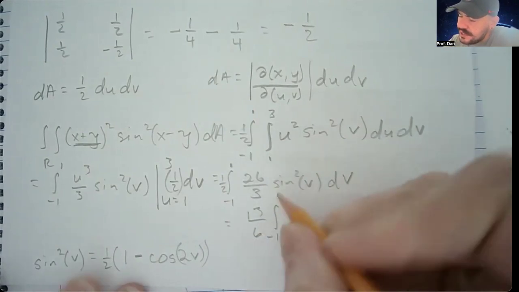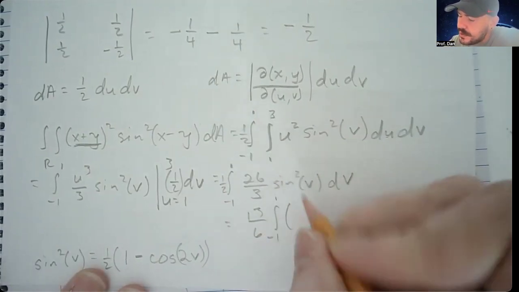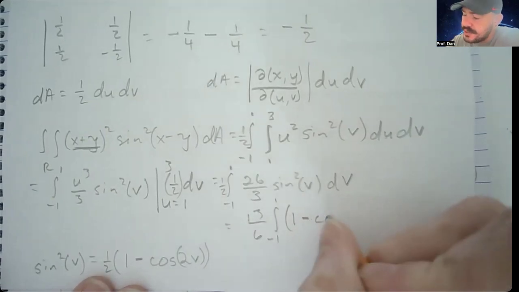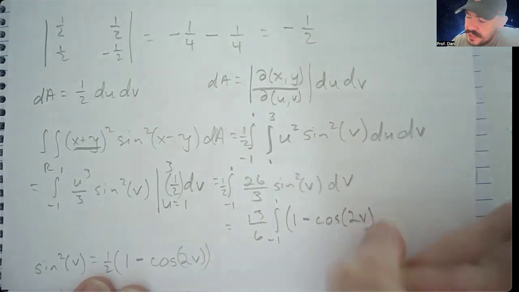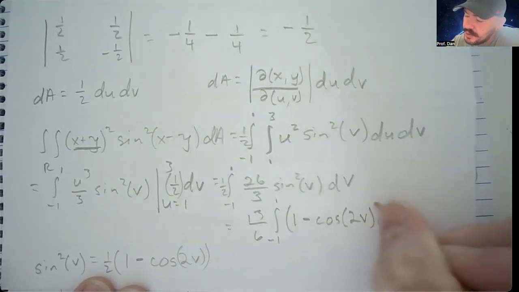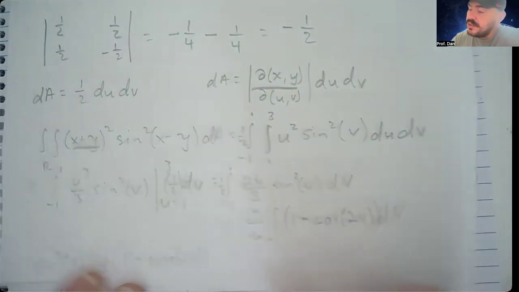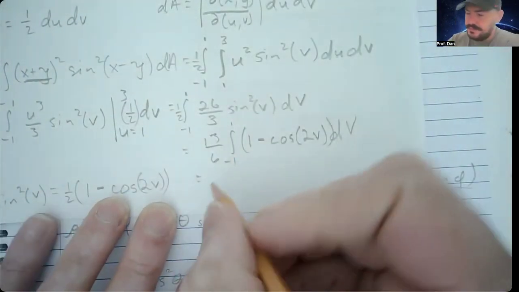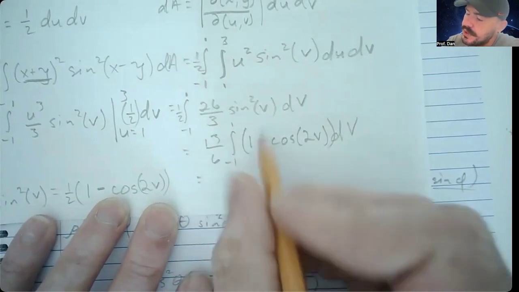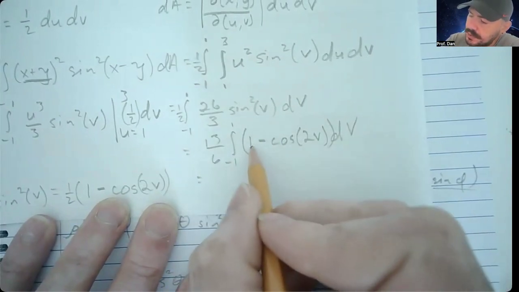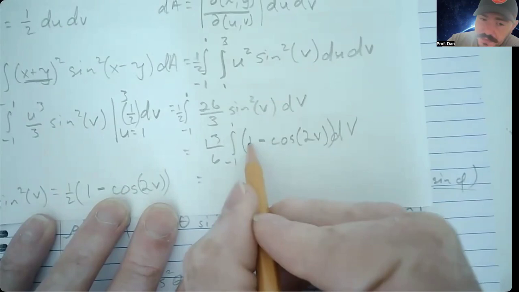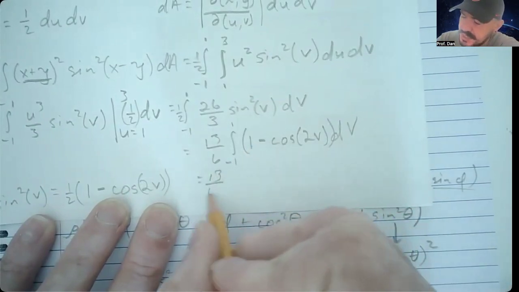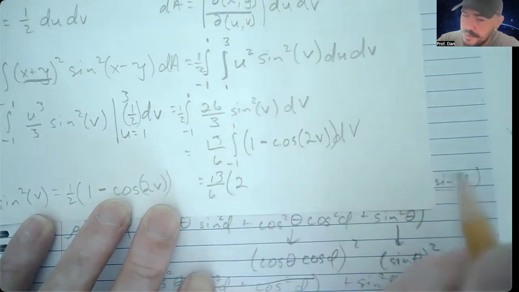And then we're taking the integral from -1 to 1 of 1 minus cosine of 2v dv. At that point, the antiderivative of 1 would be v, 1 minus -1. So I have my 13/6. 1 minus -1 gives me 2.